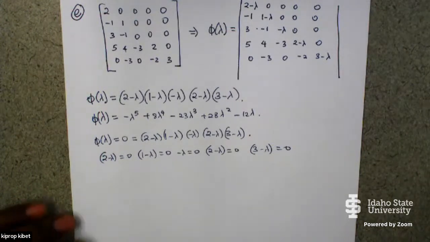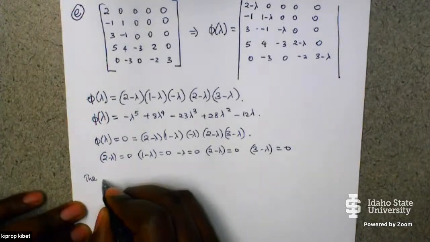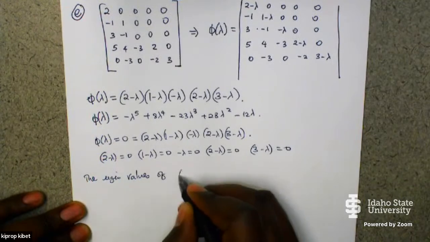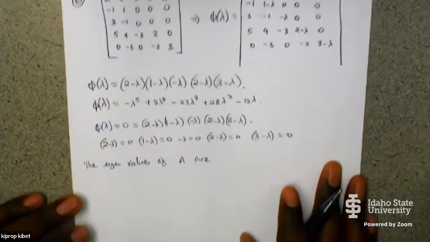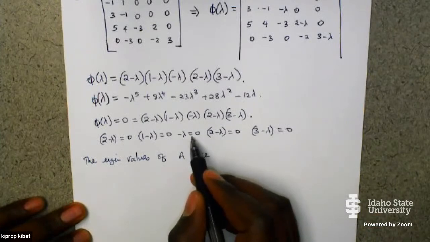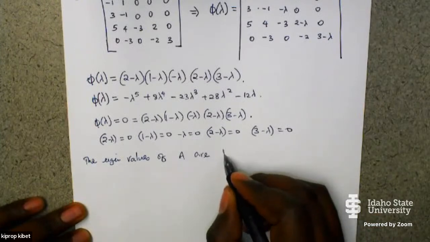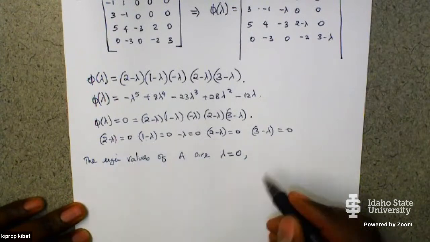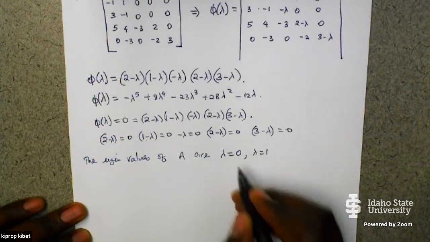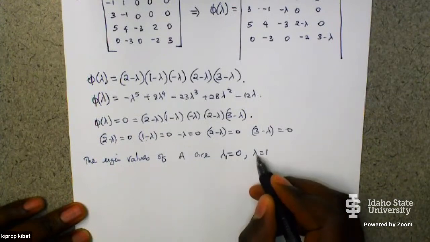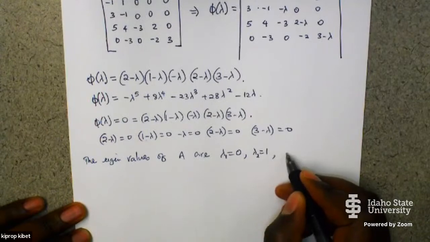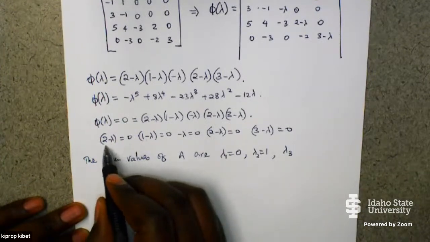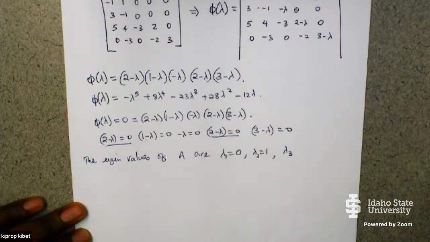So finally, the eigenvalues of A are, so you can start from the smallest, lambda equals 0, lambda equals 0. The next one here is lambda equals 1. So we can say this is lambda 1, and this is lambda 2. And then our lambda 3 is when lambda equals 2. So we have 1, and then we have another one.